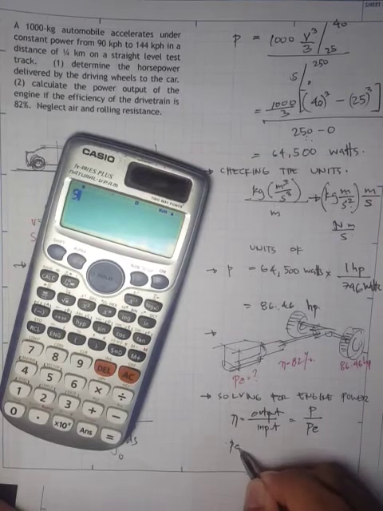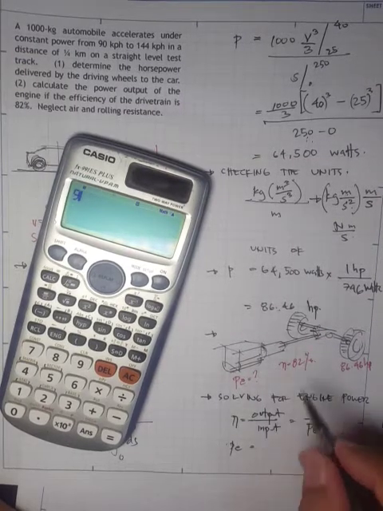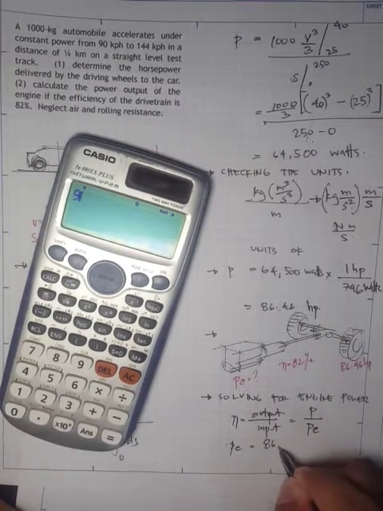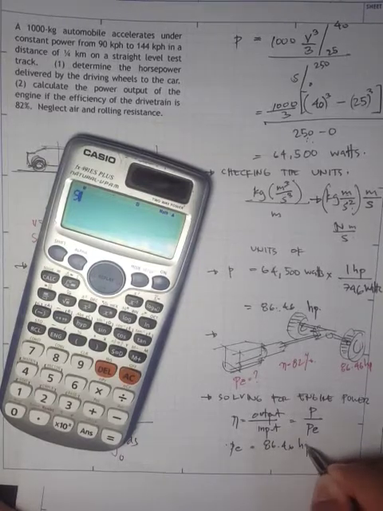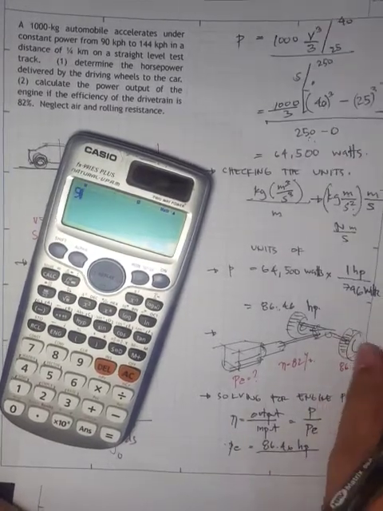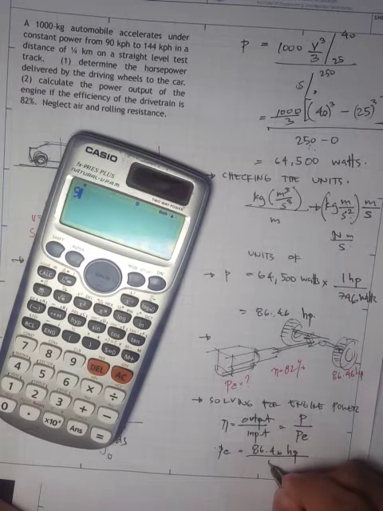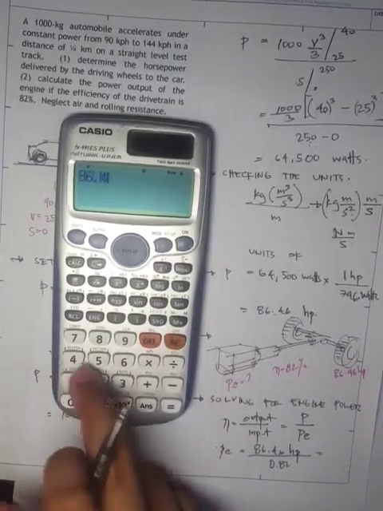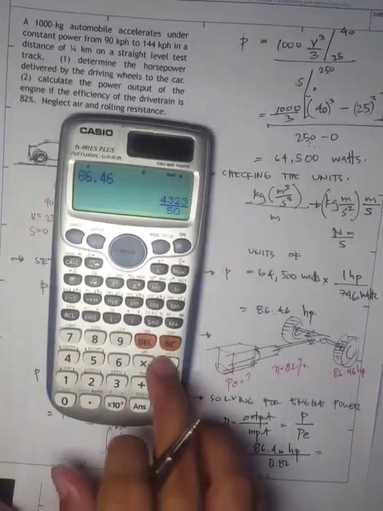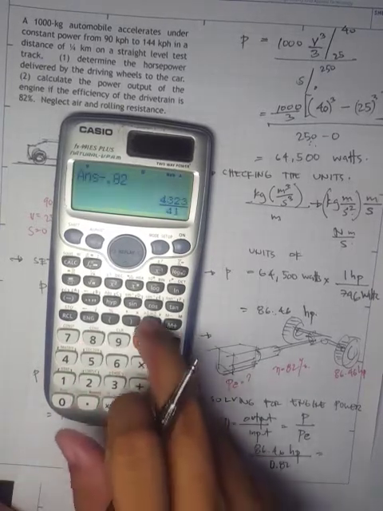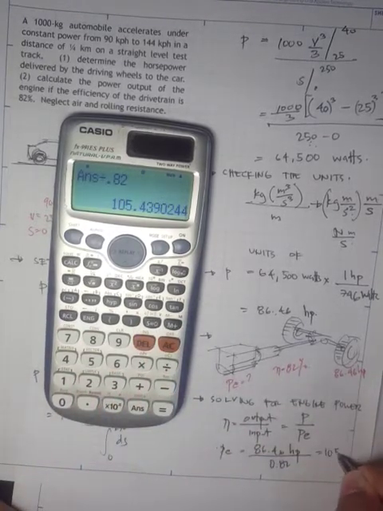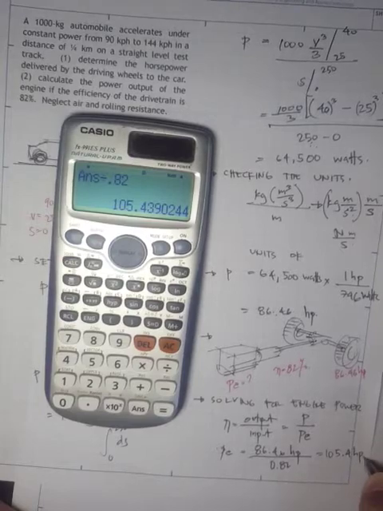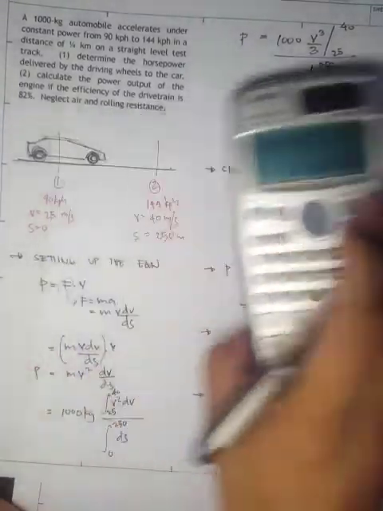So P_E is simply the output, which is 86.46 HP, divided by the efficiency, 0.82, which is 105.4 HP.